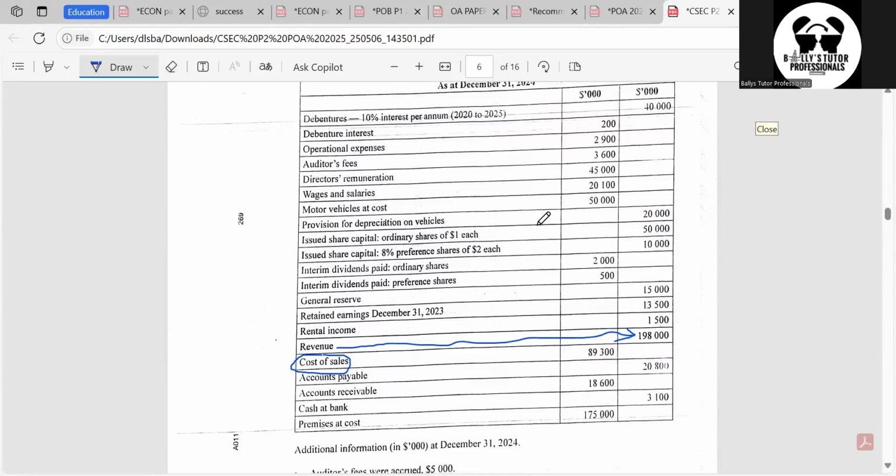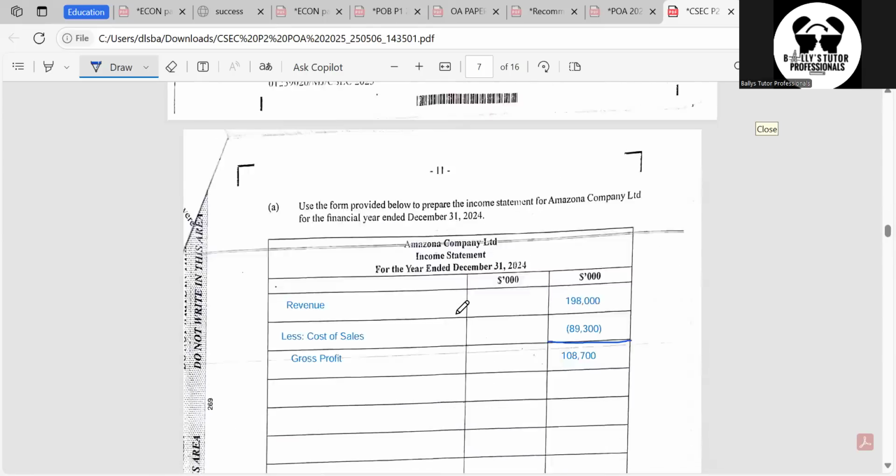These two things would be capital, general reserve for the capital section, retained earnings, capital section, rental income. This would be our revenue. So we would add this 1,500 as revenue. Accounts payable, liability, this is a bank overdraft. So the only revenue we have is the rental income of 1,500.